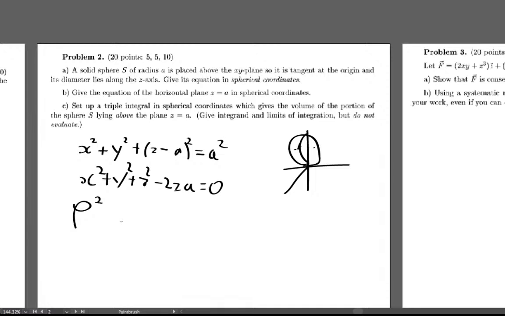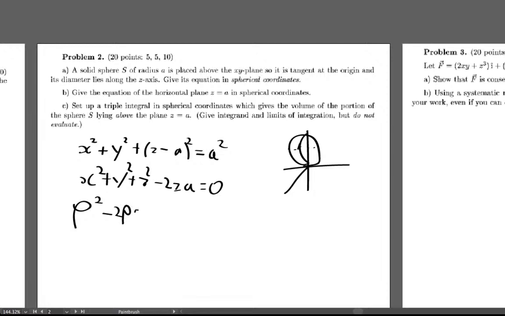If you want to know the specifics, x is rho cosine theta sine psi, y is rho sine theta sine psi, and z is rho cosine psi, which is the one that I'm going to be writing.